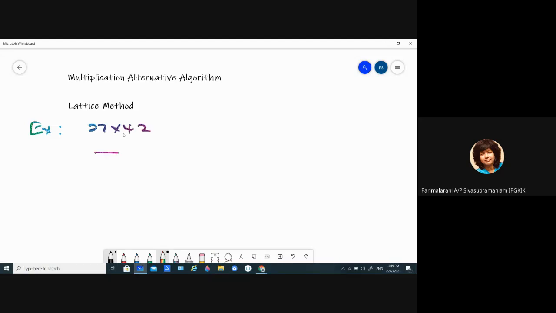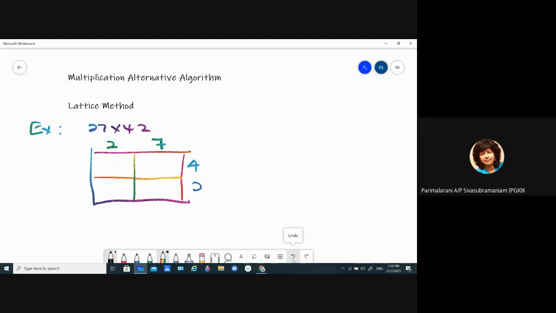For this you have 2-digit numbers, so you have to draw like this. You will write 2 here, 7 here.